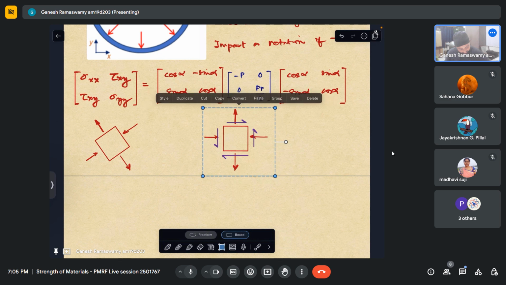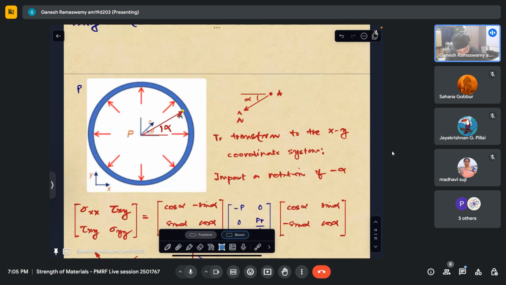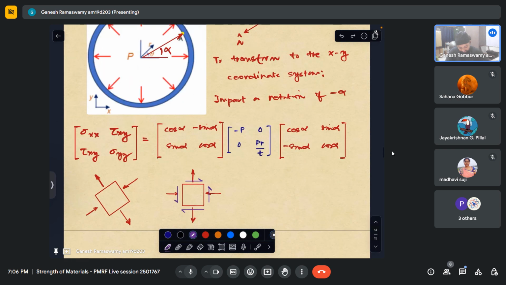But when I transform this into the xy coordinate system, essentially all the three components will exist unless I specifically select some point where it doesn't. For example, where alpha is 0, there my shear will not exist. But nonetheless, for a generic point which is given in the question, all the three will be non-zero.